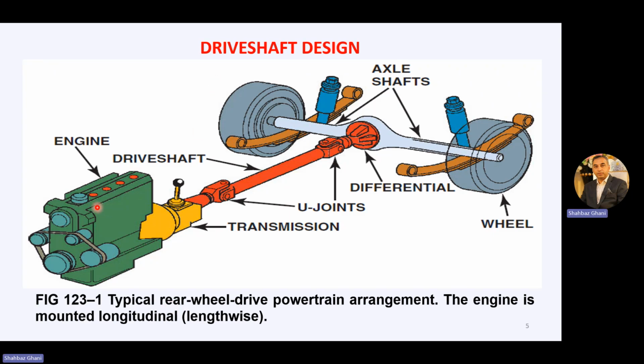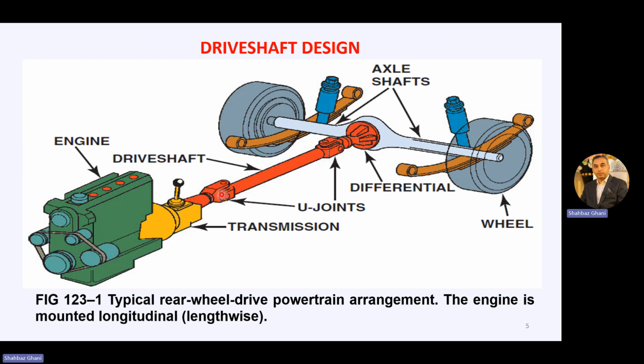Basically, this is the typical rear wheel driven powertrain arrangement. The engine is mounted longitudinally, lengthwise. So this is your engine. Here you have the flywheel and the clutch. Then this portion is your transmission. Here is the propeller shaft, the drive shaft or the propeller shaft. These are the U-joints.